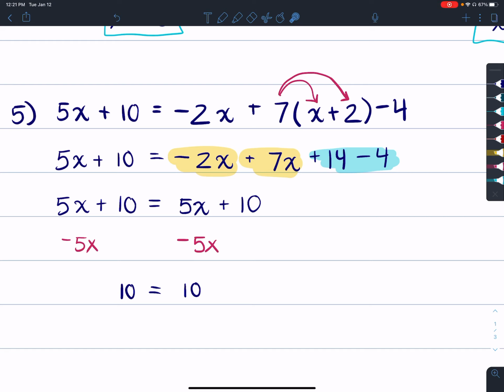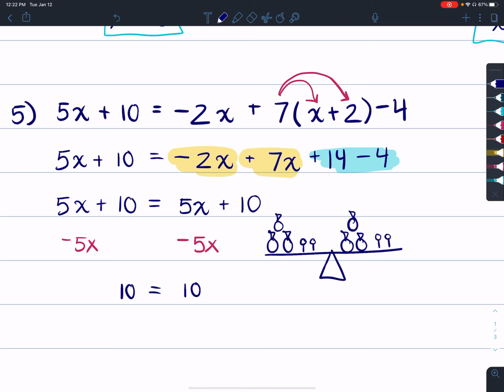This is like saying, if you have some imaginary scale and you have bags of candy, and you have, I don't know, 2 lollipops. And I have bags of candy too. So I have 3 on one side and 3 on the other. In this case, I have 3 bags of candy and 2 lollipops, and I have 3 bags of candy and 2 lollipops.